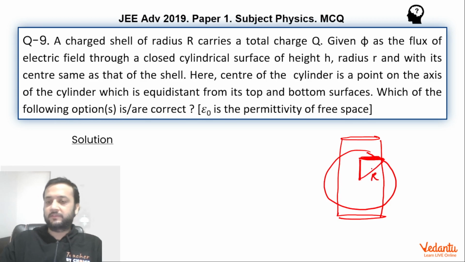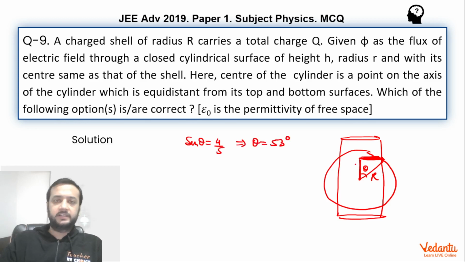Okay, so this is 4r by 5, so we can calculate this theta. You can see this is 4r by 5 and this is r, so here sine theta becomes 4 by 5, which we can say theta is approximately 53 degrees.